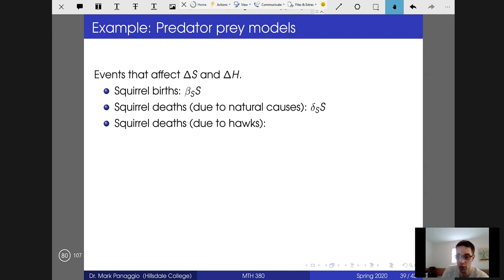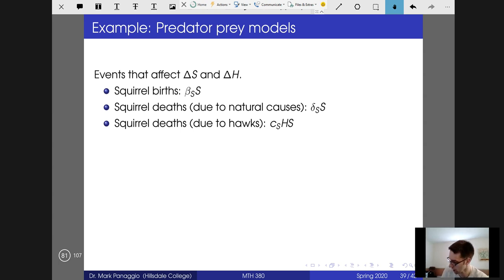If you have very few hawks, then they're not going to be able to eat many squirrels, but if you have a giant hawk population, then they should be able to take care of the squirrels very quickly. And so because both of those matter, we might assume that the number of squirrel deaths is proportional to both H and S. So we have a proportionality constant C S, and that's multiplied by the number of hawks and the number of squirrels. Okay? All right, so that takes care of changes in the squirrel population.